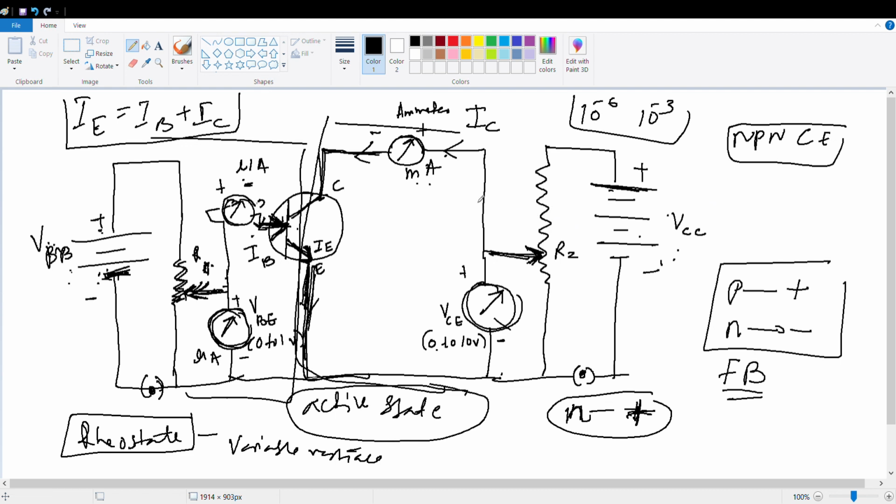That means how is IB changing with VBE? If I change VBE, how is IB changing? Is it clear?